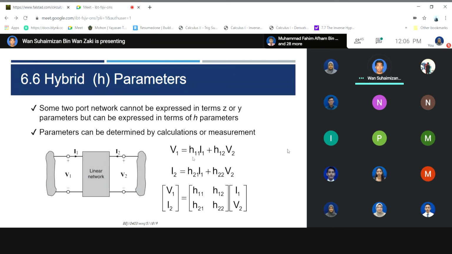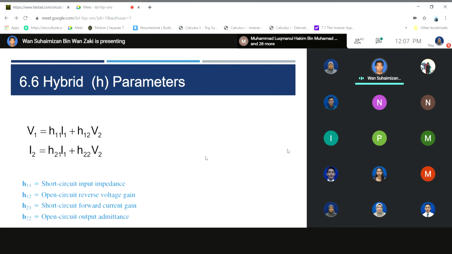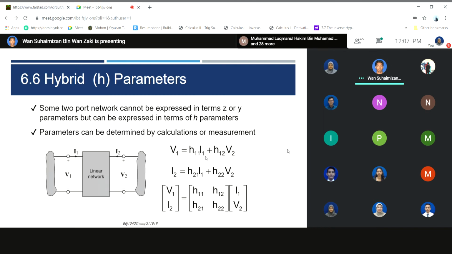So basically this parameter we only apply on this port. So we will go through here first.